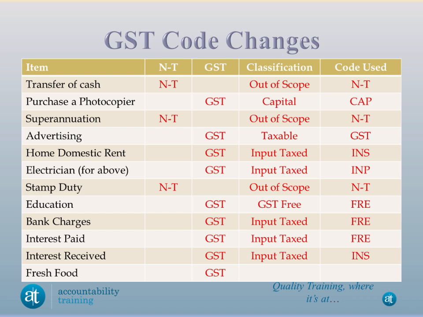Interest received places us as the provider of the input taxed service. In the same way as the domestic rent, we are making the supply, and as such, this is reported on the BAS using the tax code ITS and reported at G1 and G4.